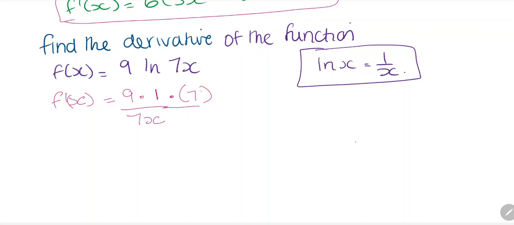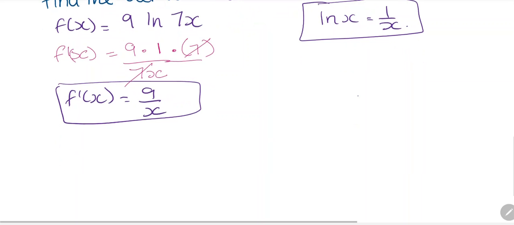Now the 7's will cancel, and 9 will multiply with 1, so our f prime of x will be 9 over x.